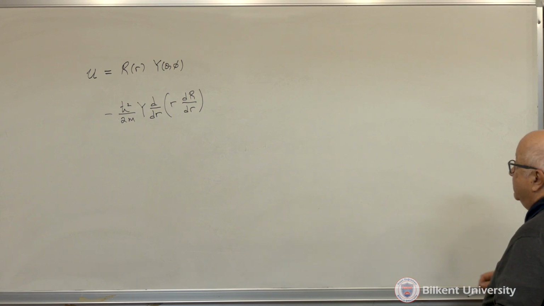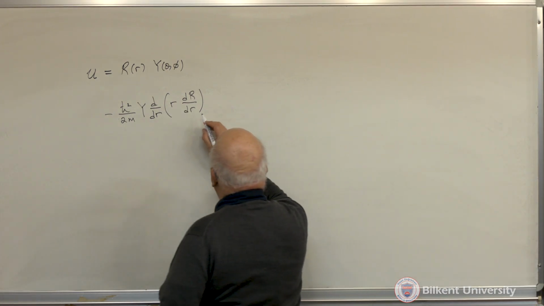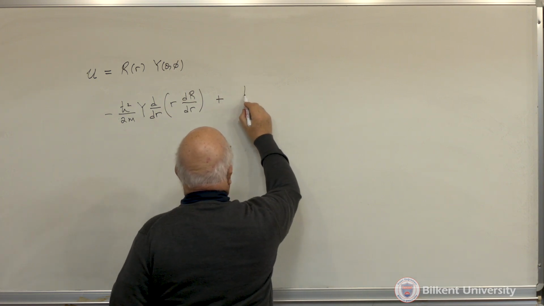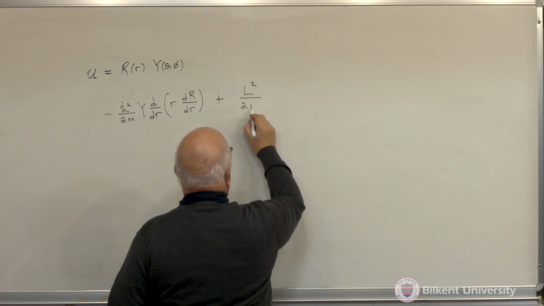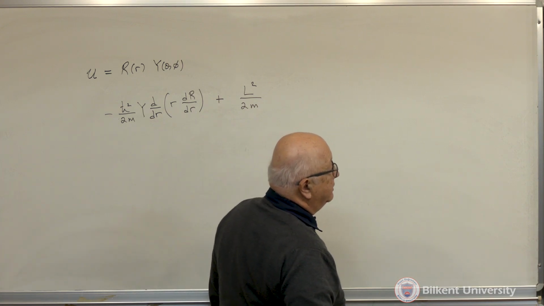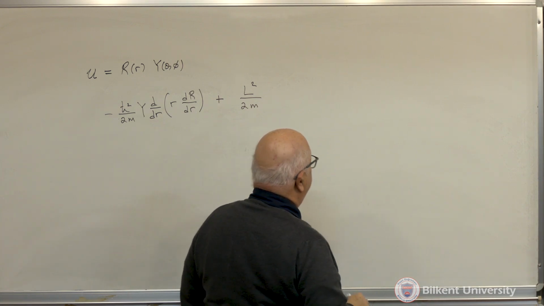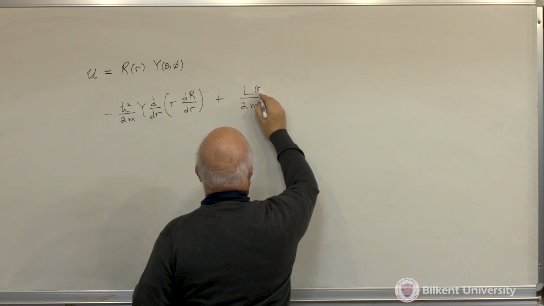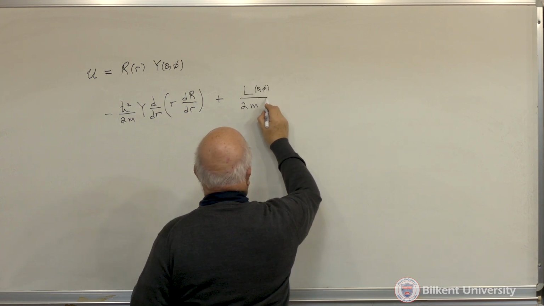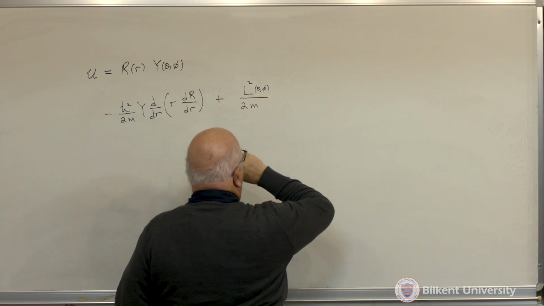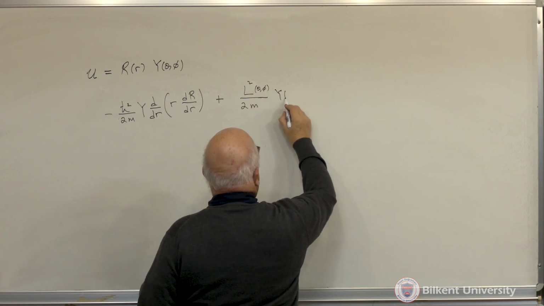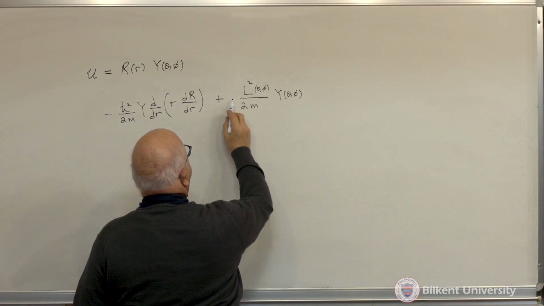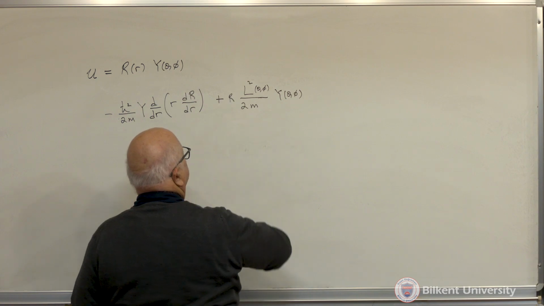Then I have the other term. That term is plus L squared over 2m, right? This is a function of theta and phi, remember, it's an operator. It operates on Y of theta and phi, and I'm going to get R again.